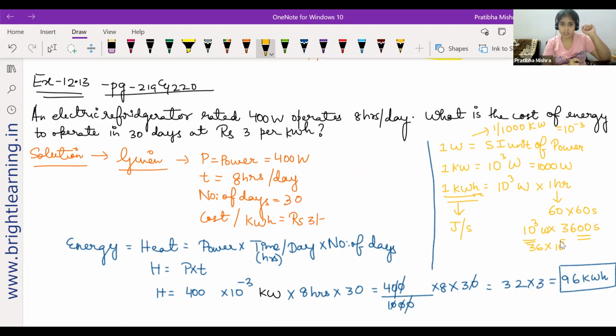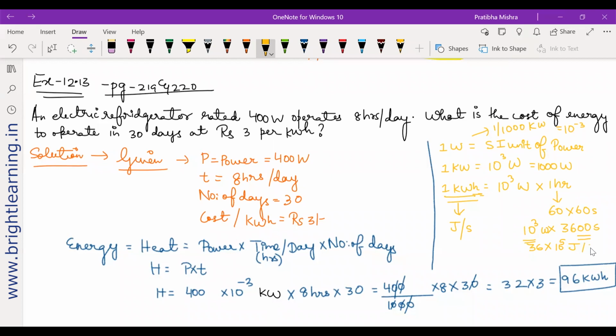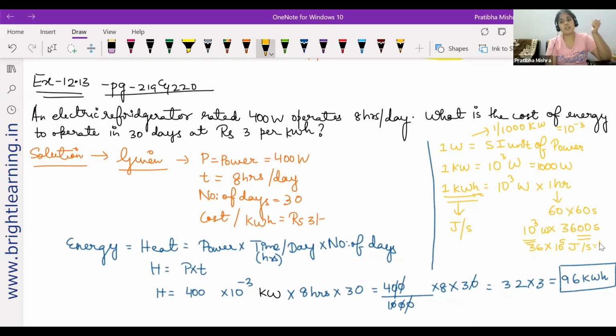So we add the powers, to become 10 to the power 5, because 3 zeros here and 2 zeros here. That is kilowatt hour, the same thing. Or you can also write it as 3.6 into 10 to the power 6 joules or kilowatt hour. This is about kilowatt hour and joules.